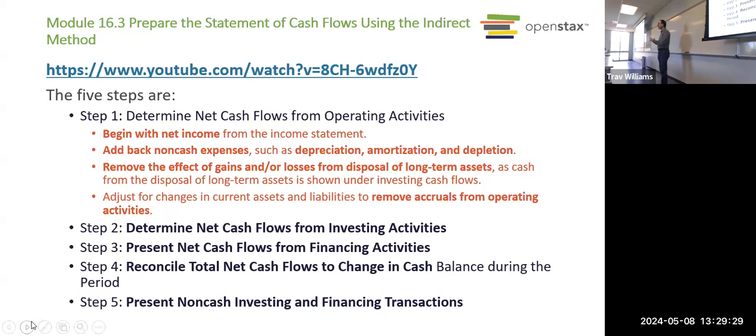If those liabilities went up, cash goes up. If those liabilities went down, cash goes down. That is how you calculate your net cash flow using the indirect method.